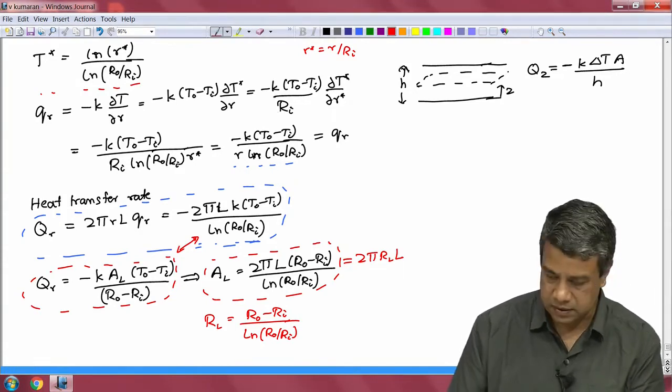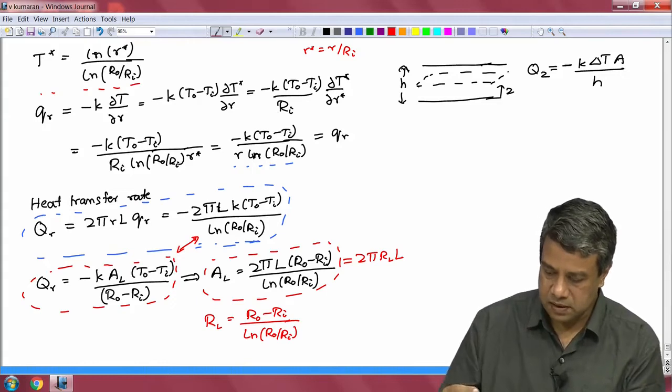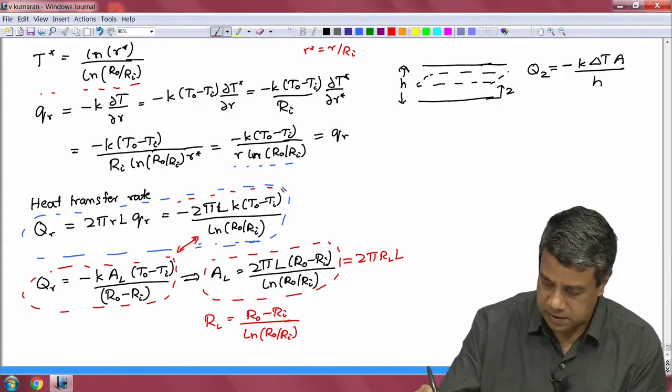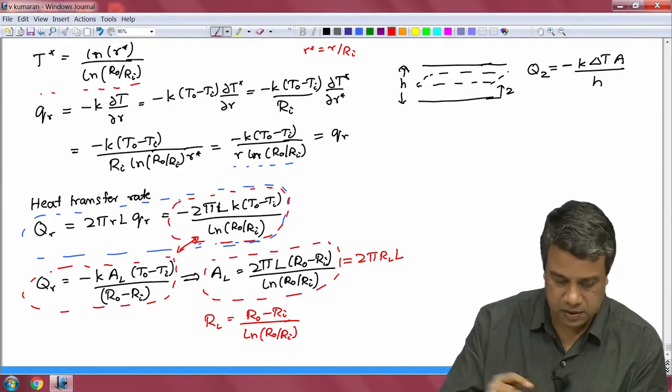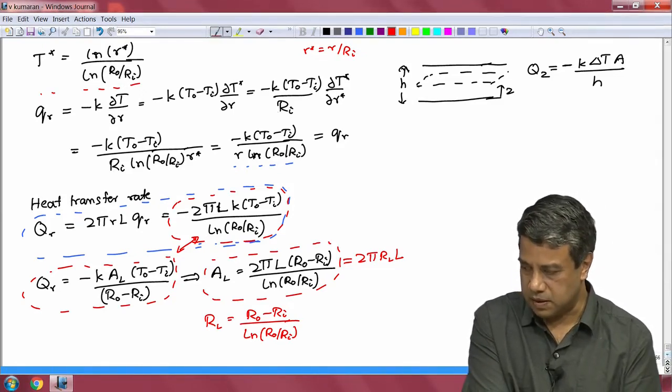But we shall not use this in the present course. We will directly use the expression for the total heat transfer rate, rather than using it in terms of the log mean radius.